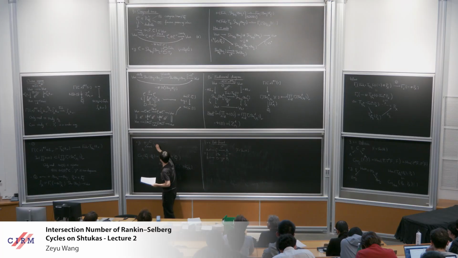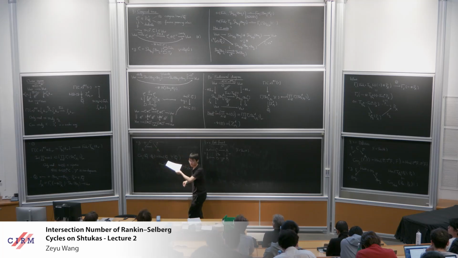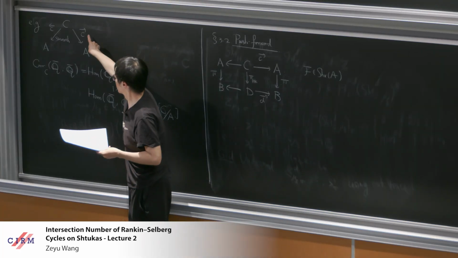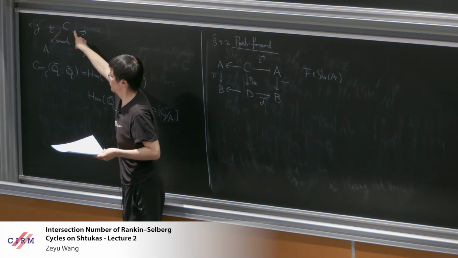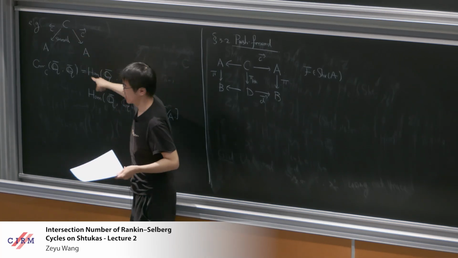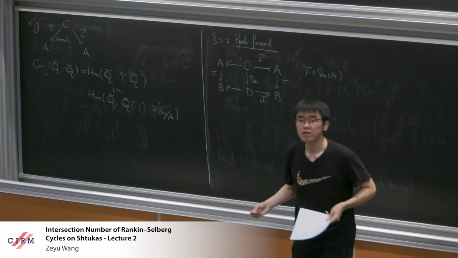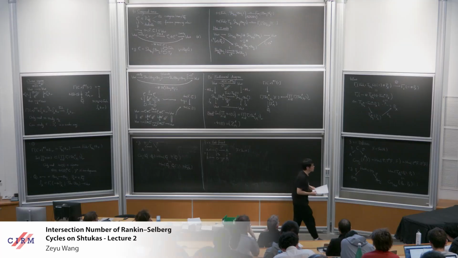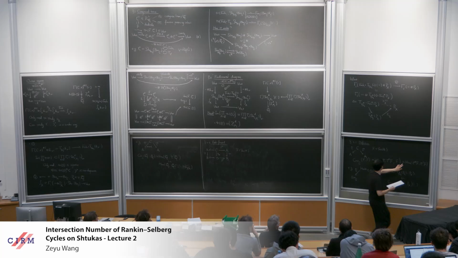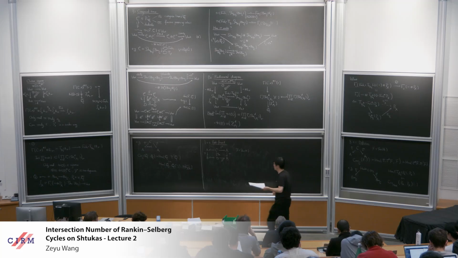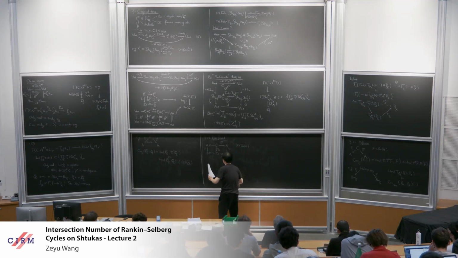It's some other map, it's not so important, because the constant sheaf pulls back to the constant sheaf.